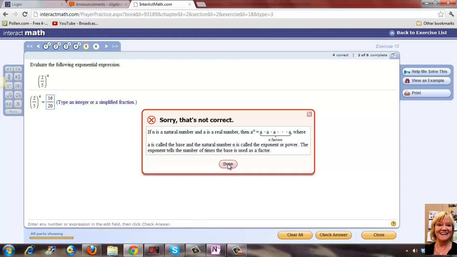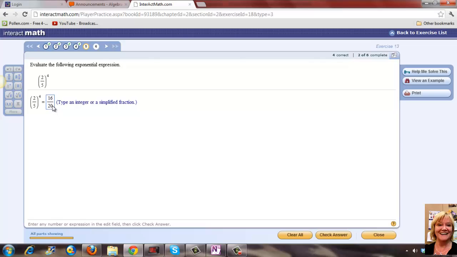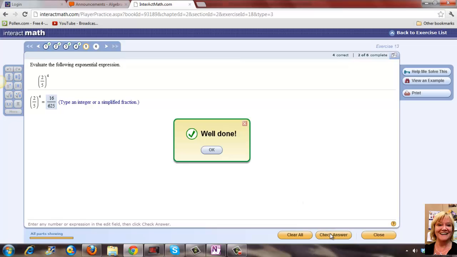So when you've read that, click Done, and then go back to your answer, and you can backspace to delete that entry. And then let's see, 5 to the 4th power is really 625. So let's type in 625. And I see that it's in its simplest form, so let's check the answer now and see if it liked it. Yep, it sure did, so well done.